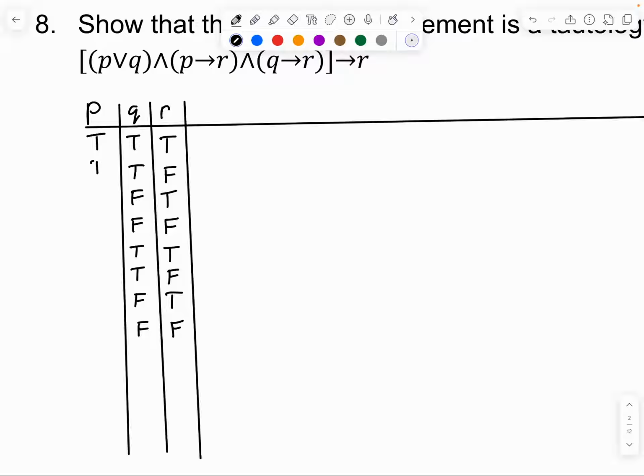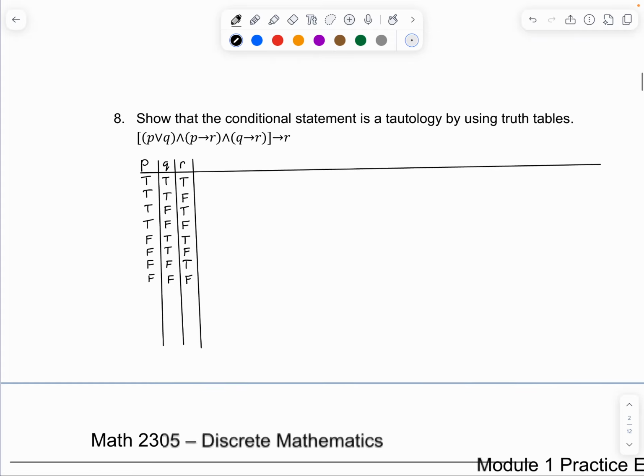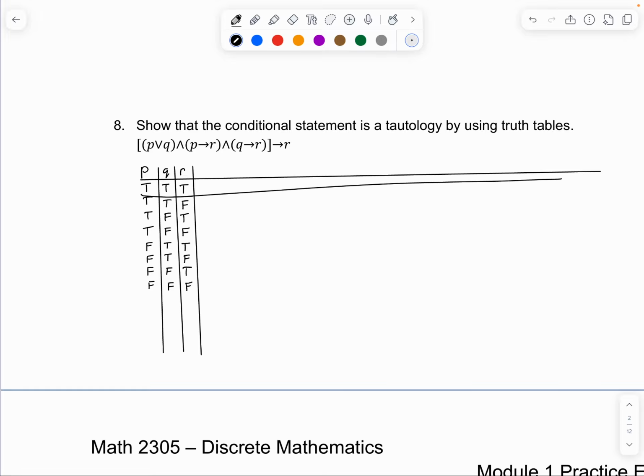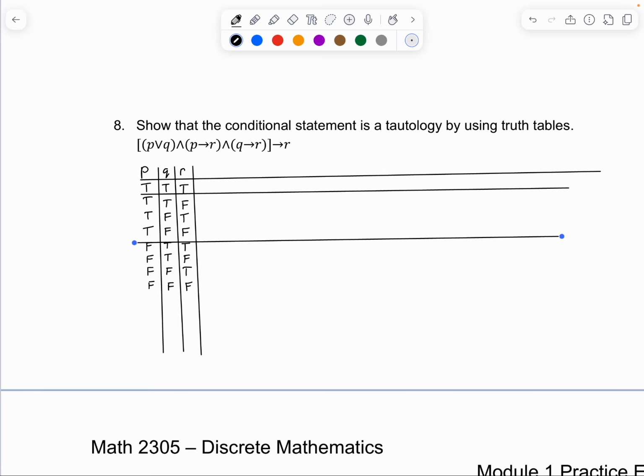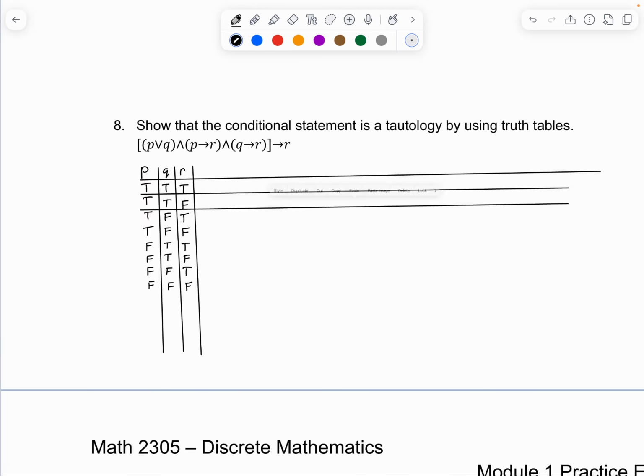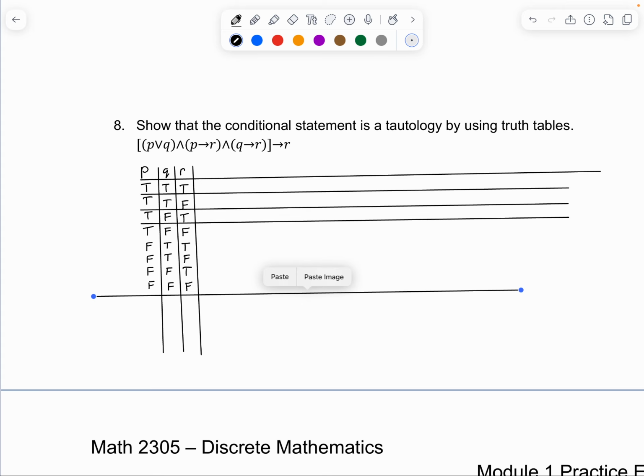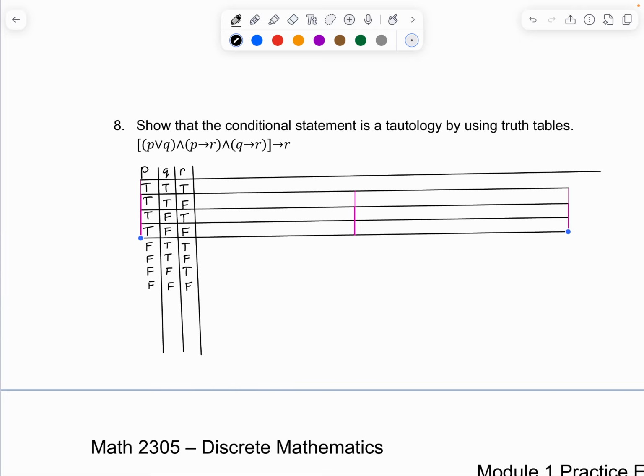And then P should be true, true, true, true, false, false, false, false. We need some horizontal lines to keep this one straight because there's a lot more going on in this one. Okay, once I have this set up, I'm going to start adding in all of my other columns.